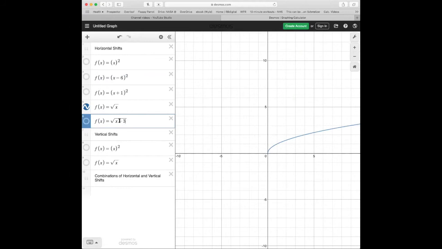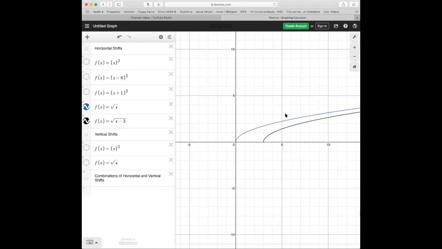So this should represent a horizontal shift. Now the question is, is it going to shift 3 to the right or 3 to the left? Well, the answer is this is going to shift 3 to the right. Okay, so let's show that. So there we go. The square root of x minus 3 looks exactly like our square root of x graph. It's just been shifted 1, 2, 3 units to the right.